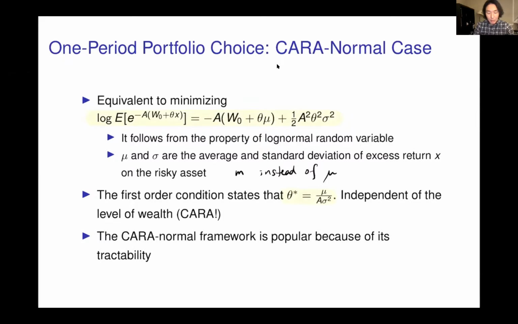Now, what is important here is that because of the property of the utility function is constant absolute risk aversion function, right? So regardless of your level of wealth, the risk aversion is constant. So your portfolio choice, the dollar amount the investors put in the risky asset is not a function of wealth, which is W.